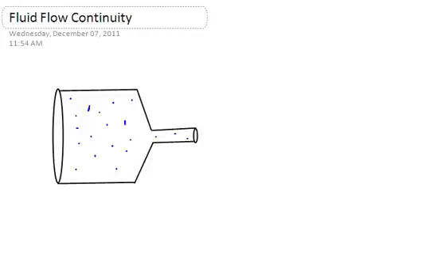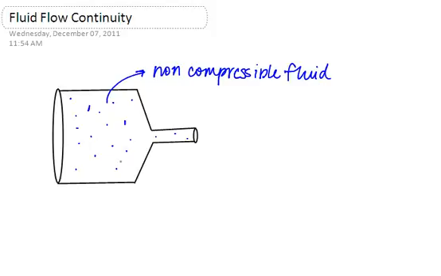When a non-compressible fluid, so the fluid inside this container is non-compressible, is flowing through a container.